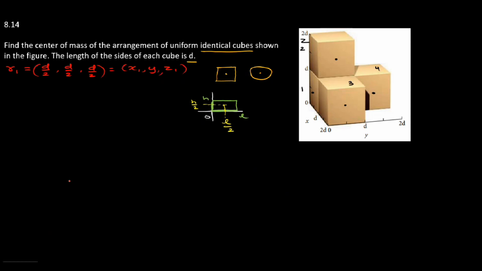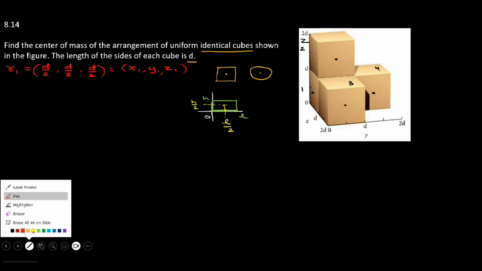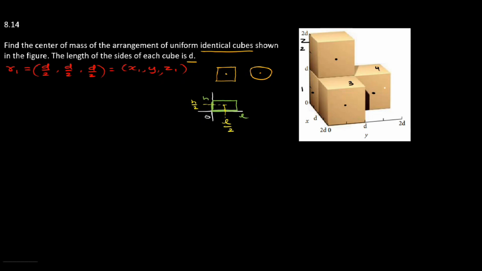Now let's look at cube 2. Cube 2 is placed on top of cube 1, so it is displaced along the z-axis. Along the x and y-axis, it is still starting from 0, but it is displaced along the z-axis because it is placed on top of cube 1.